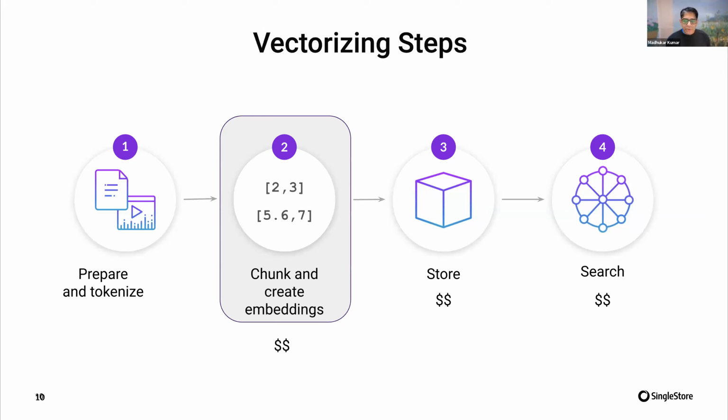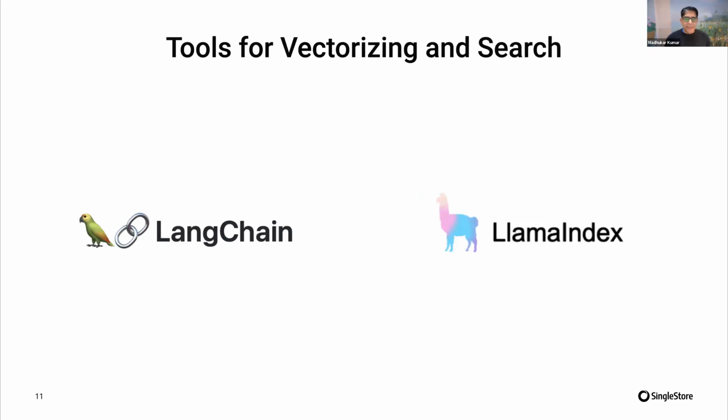And then finally, you do searches, and the search is based on your basically existing algorithm, cosine similarity, or the distance match. So when I'm doing this, there are two big open source libraries that have emerged over the last few months that have made this easier, but there's still a lot of coding involved.